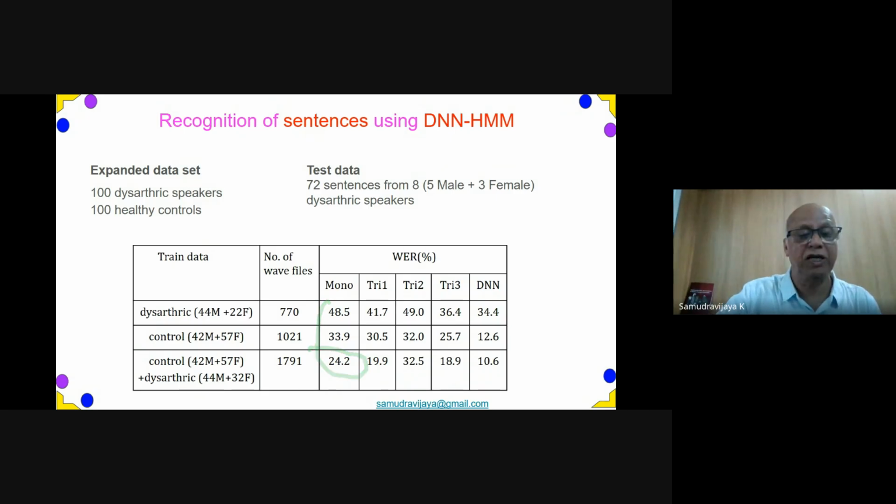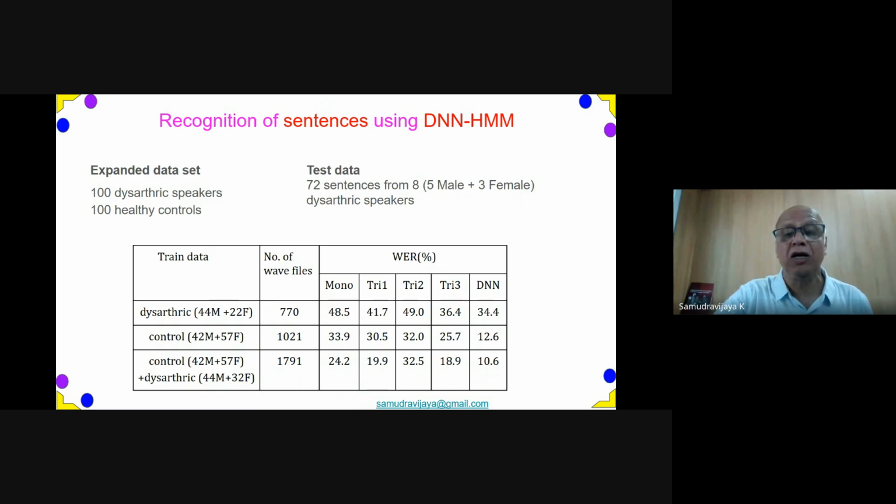That's the first point. Second, if you look at the various models, if you go to the better models, the word error rate decreases to as low as 10%. So it established 2 things. One, you need more data to have a good performance speech recognition system, but collecting speech data from dysarthric speakers is a difficult job.